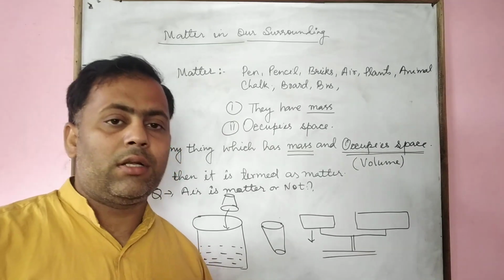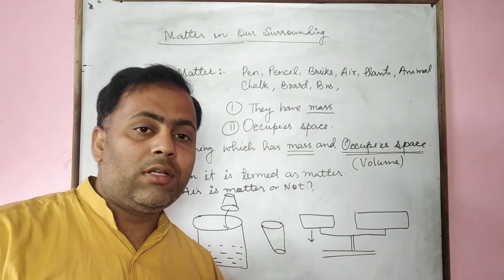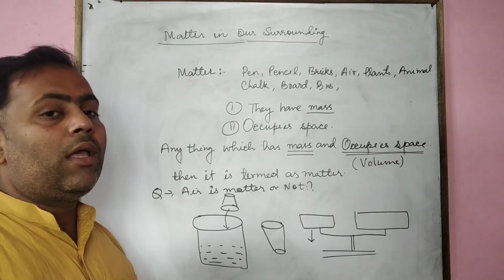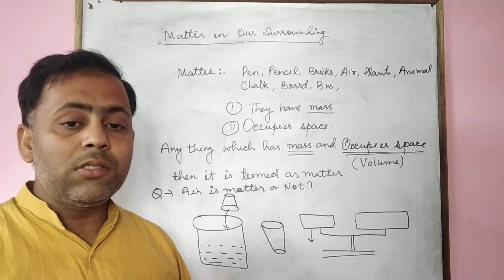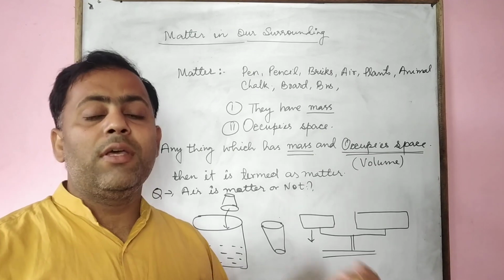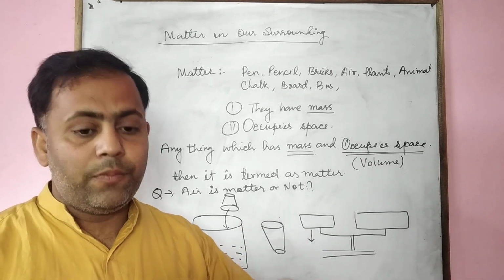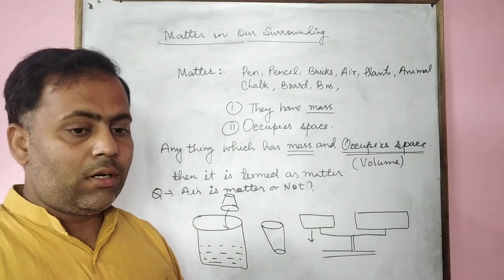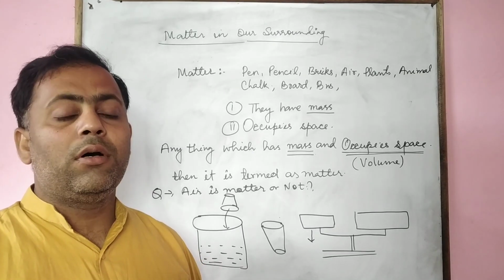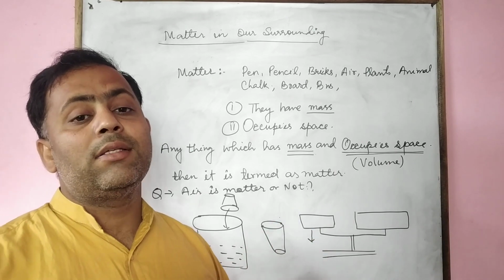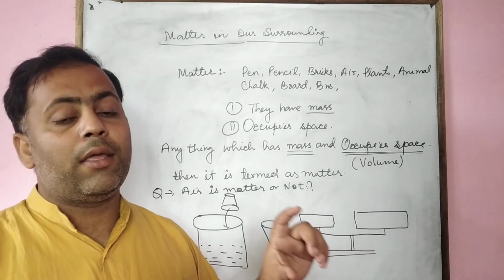But as we tilt it, when we place it in water and we tilt it, what we see is that air bubbles are coming out. Why is it so? Because previously when we were pushing the glass inside, the water does not enter inside the glass because the space in the glass is previously occupied by air.